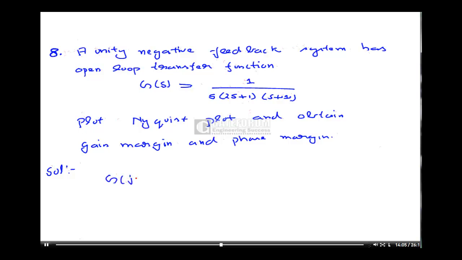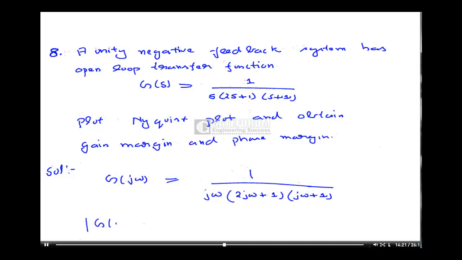G of j omega can be written as 1 by j omega into (2j omega plus 1)(j omega plus 1). Okay. So mode of G of j omega at omega equal to 0 is equal to infinity.